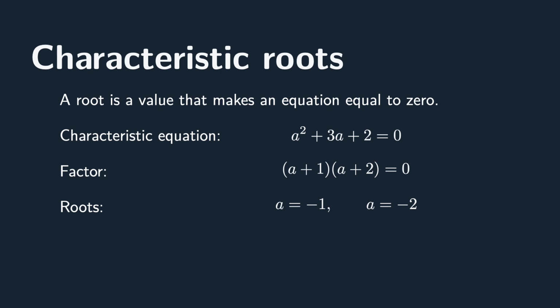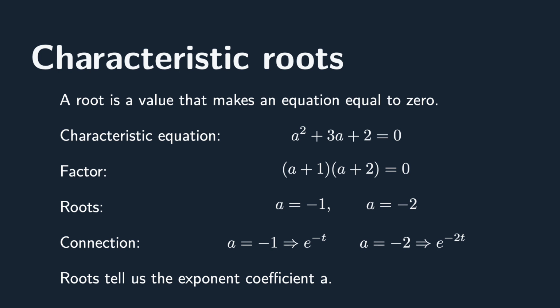They tell us the values of a in the exponential terms of the solution. So, a equals minus 1 gives a term involving e to the minus t, and a equals minus 2 gives a term involving e to the minus 2t. In other words, the roots tell us the values of a that appear in the exponent.